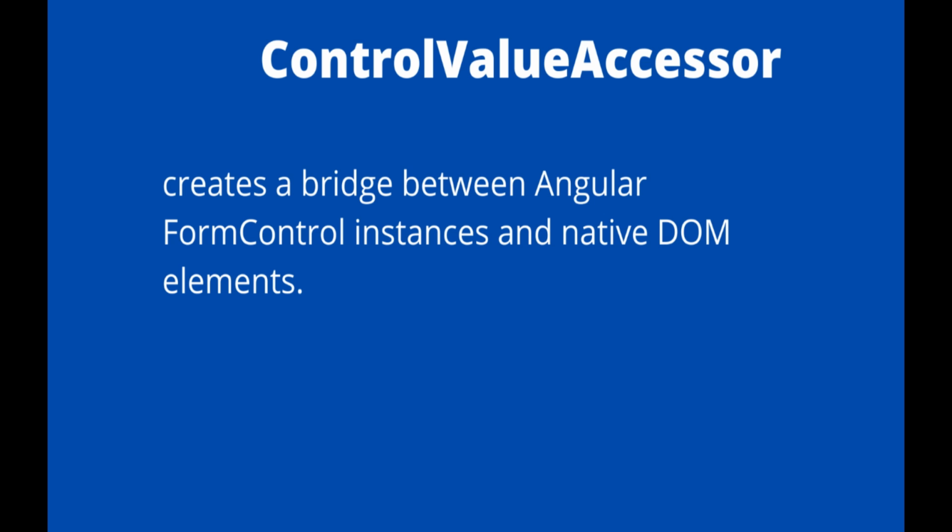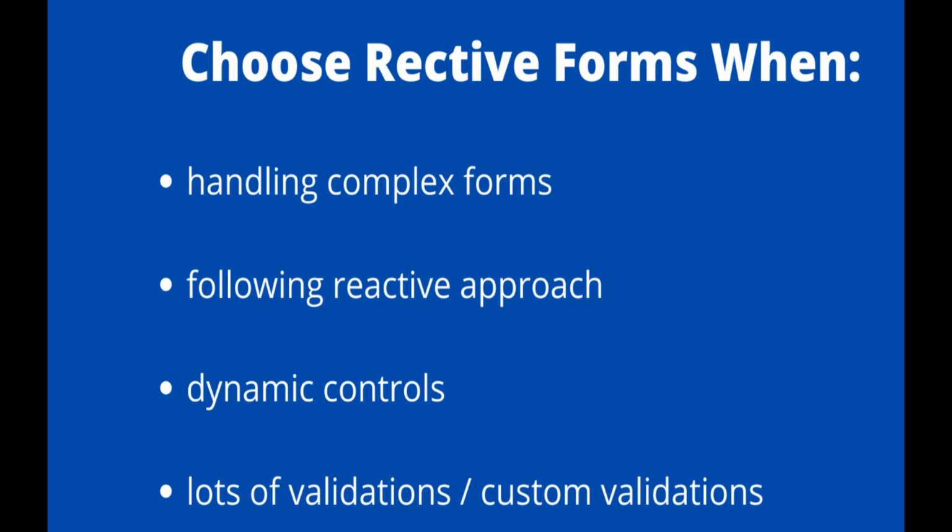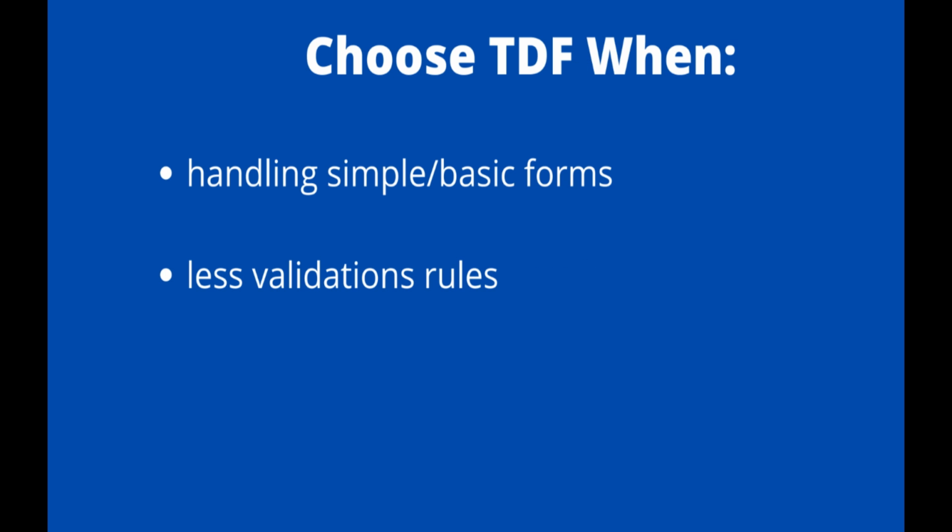Now just to conclude both approaches, if you have a complex form which requires lots of validation or maybe has dynamic controls and you want to keep scalability in mind, you can use reactive forms. But if your project handles a very simple form which doesn't contain that much complexity, in that case you don't need to go with reactive forms.